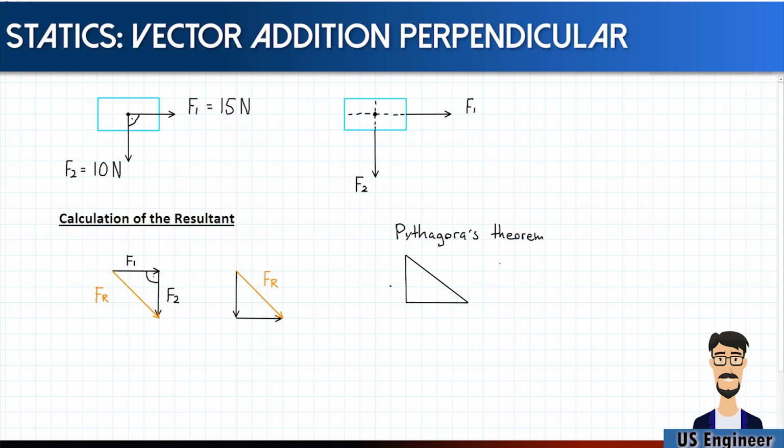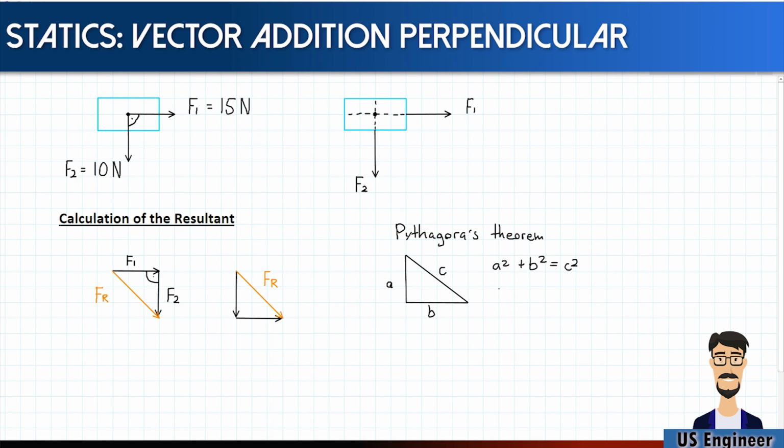If you label the two legs with A and B, and the hypotenuse with C, Pythagoras' theorem states that A squared plus B squared is equal to C squared.